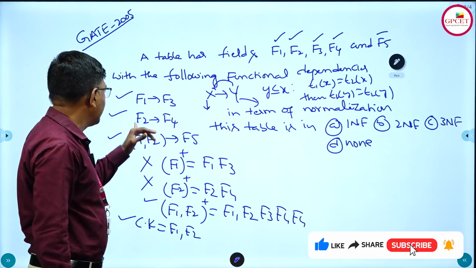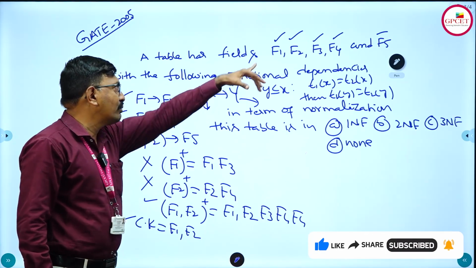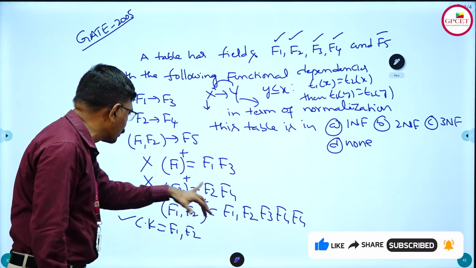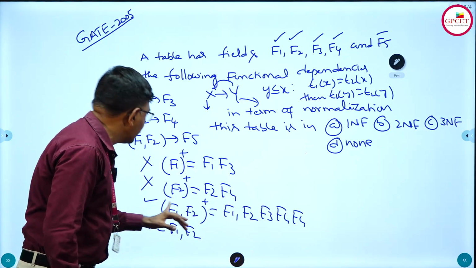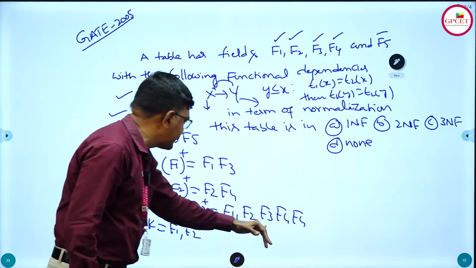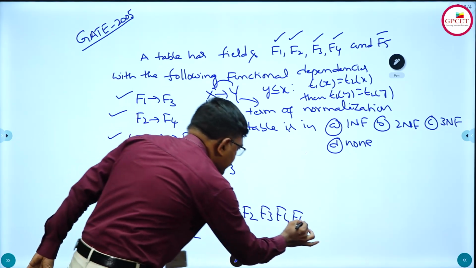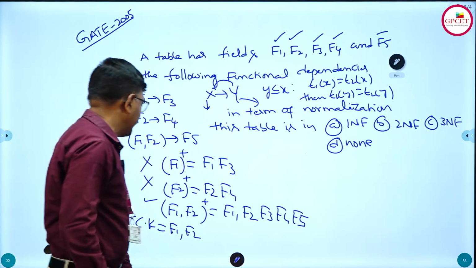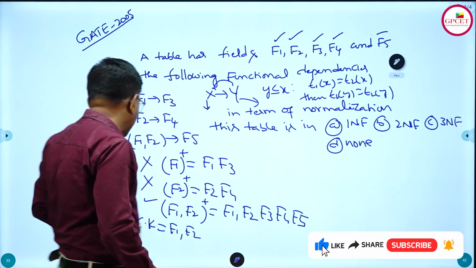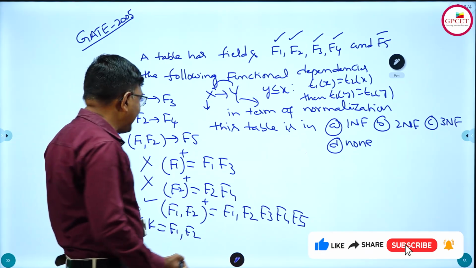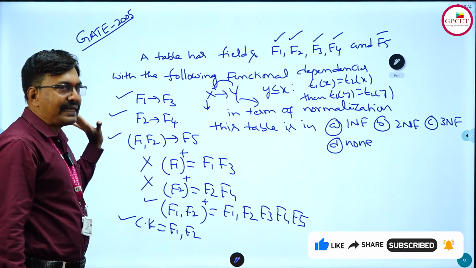Next F2 closure, F2, F4. We can't get the original attributes. Next F1, F2 closure: F1 derives F3, F2 derives F4, F1, F2 derives F5. That's why you can get the original attributes. Here F1, F2 is a candidate key.